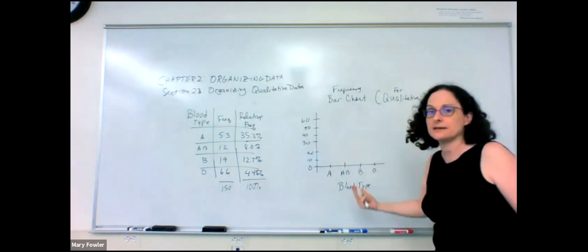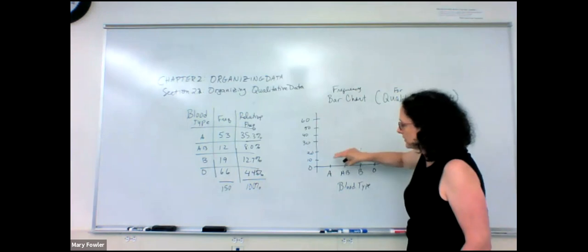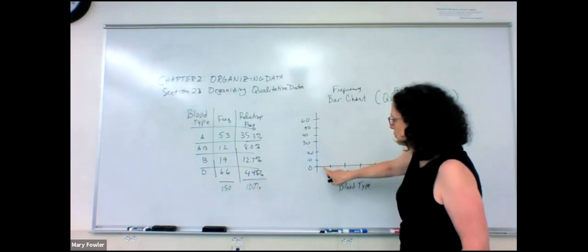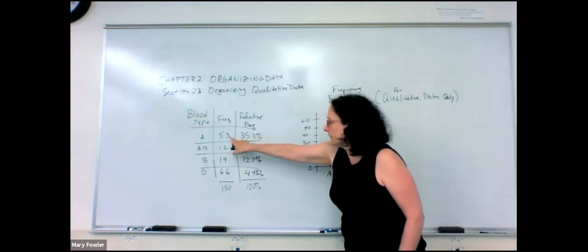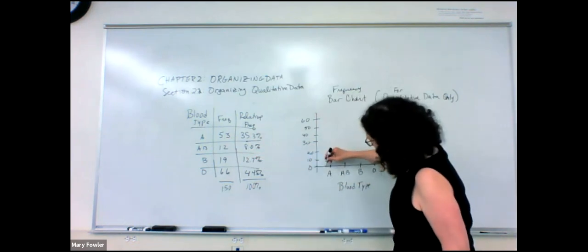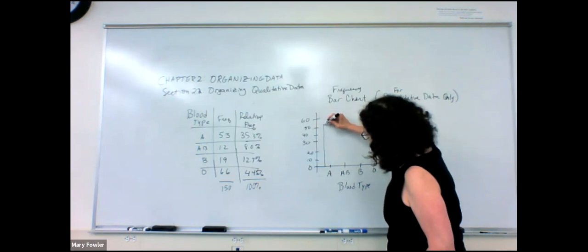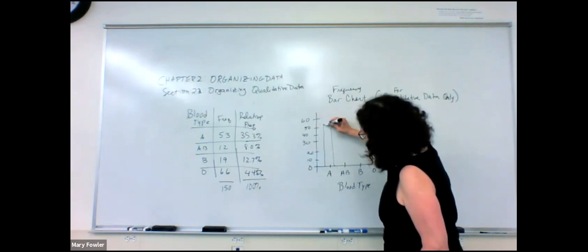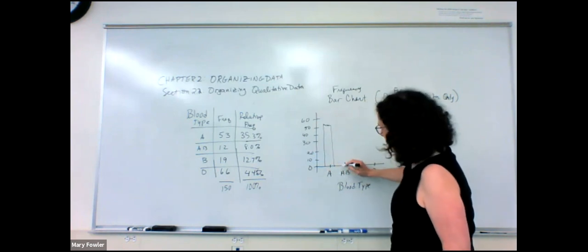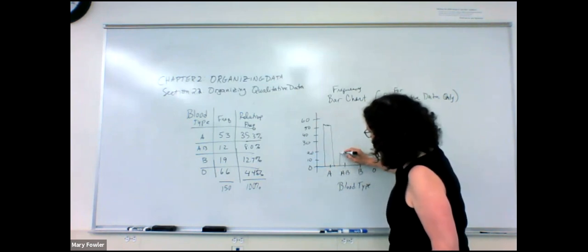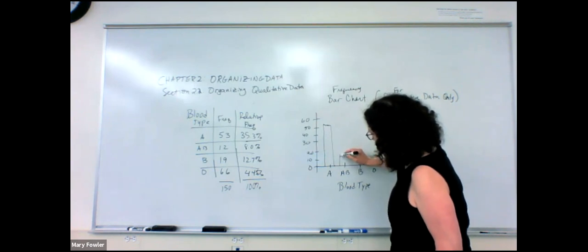And when it's qualitative data, we're going to draw some bars here, and we're going to leave gaps between the bars. So there are 53 patients that have a blood type of A. So I'm going to go up to about 53. Right? And I'm going to leave a space here, and there's 12. So maybe a little bit like that.